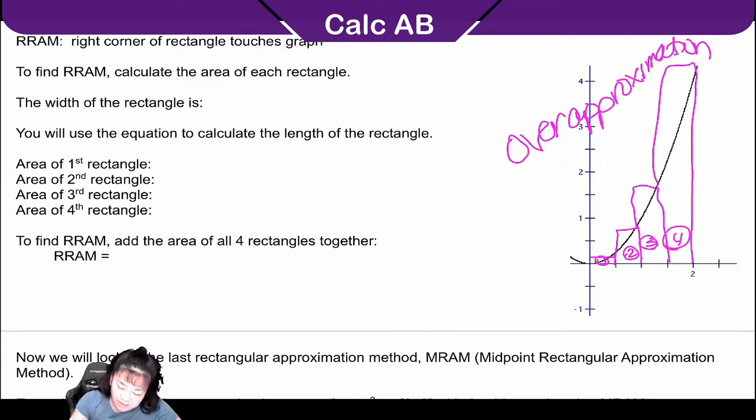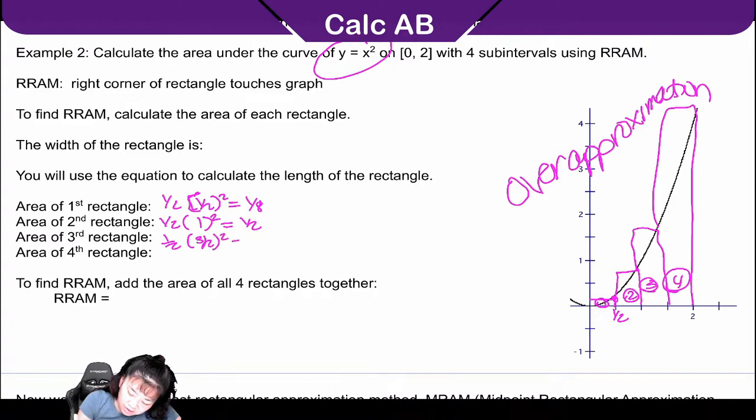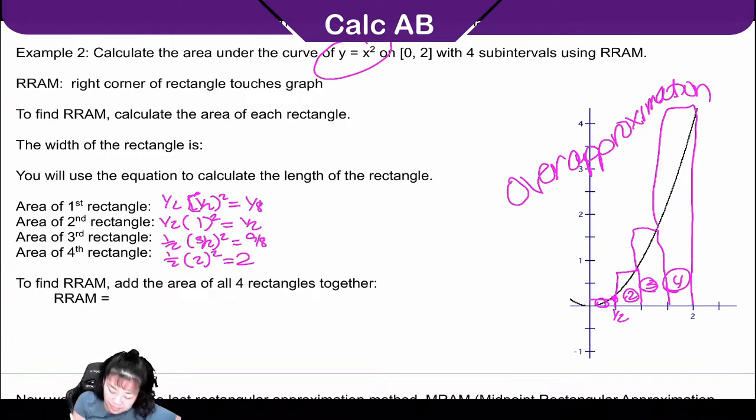So now I have still 1/2. And then this height again is found by plugging 1/2 into my equation up here. So 1/2 squared, then I get 1/8, then 1/2 times 1 squared, so I get 1/2, and then 1/2 times 3 halves squared, and I get 9/8. And then I get 1/2 times 2 squared, and I'm going to get 2. And again, I'm going to add all these areas together.